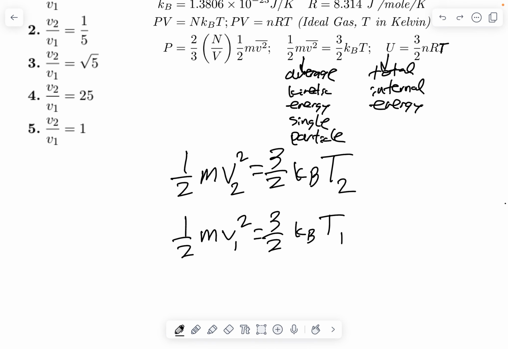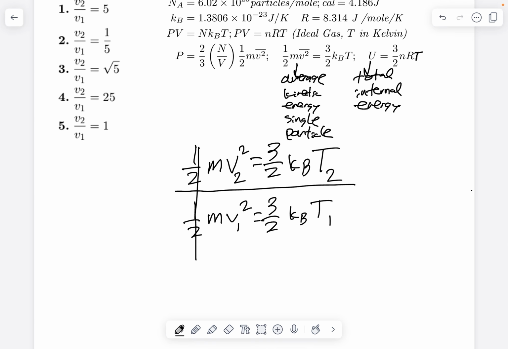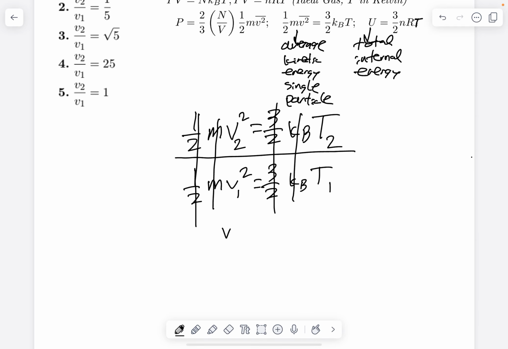Or you can just divide your equations, right? So you get V2 over V1. If I divide our equations, the 1/2s cancel out, the m's cancel out, the 3/2s cancel out, the kb's cancel out. So what you really get is V2 squared over V1 squared is equal to T2 over T1. And then we just want V2 over V1, not squared, so you just take the square root, and that's how you get your answer.